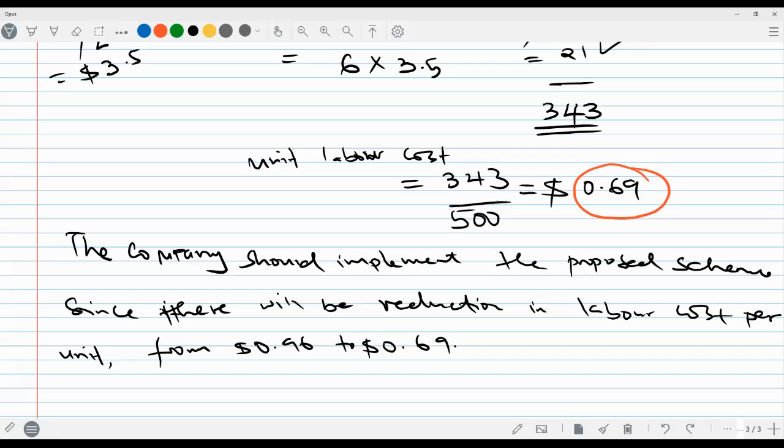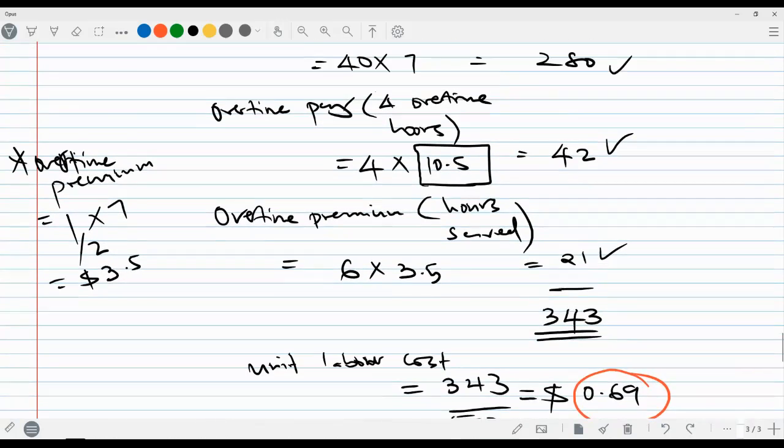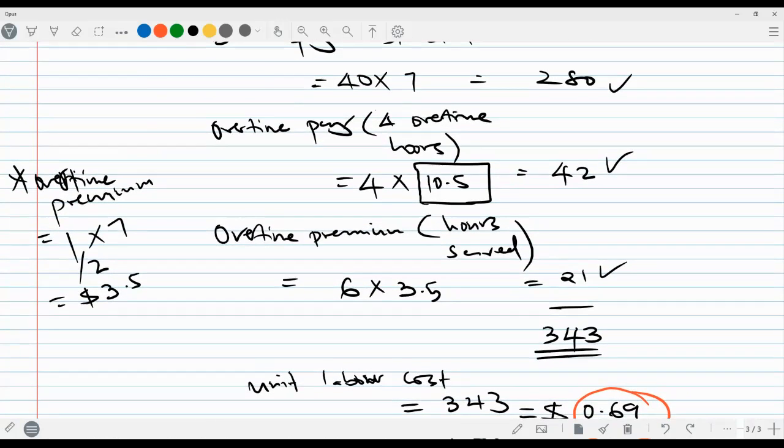In the overtime pay, you're getting 4 times 10.5. That's the overtime pay. I'm wondering why you didn't do 4 times 1.5 times 7.